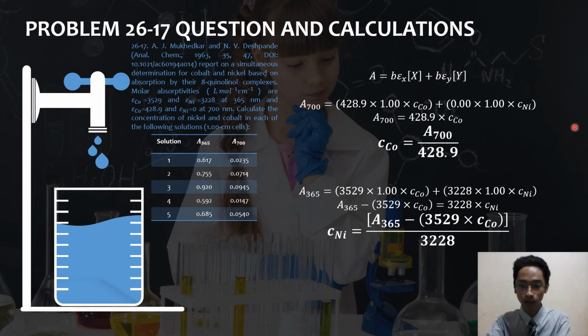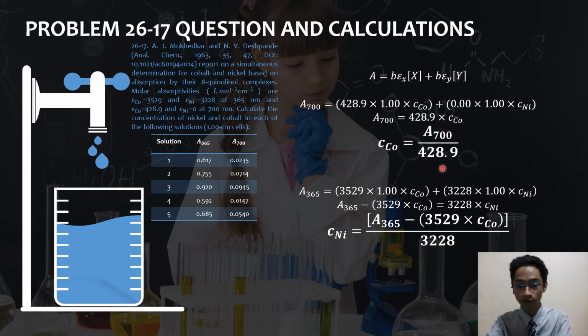After substituting it, we can see here A sub 700 is equal to quantity 428.9 times 1 times concentration of cobalt plus quantity 0 times 1 times concentration of nickel, which when simplified is equal to A sub 700 is equal to 428.9 times concentration of cobalt.